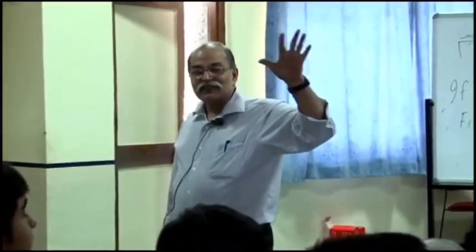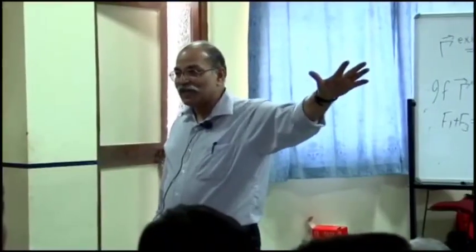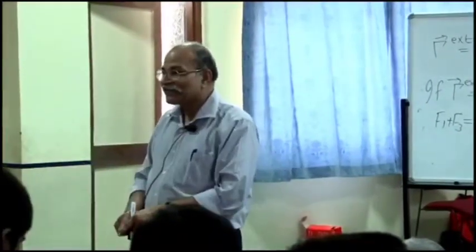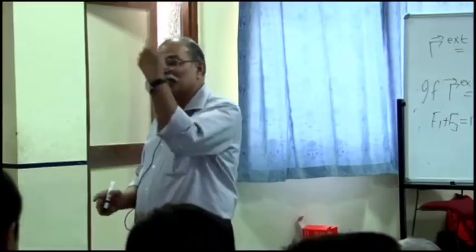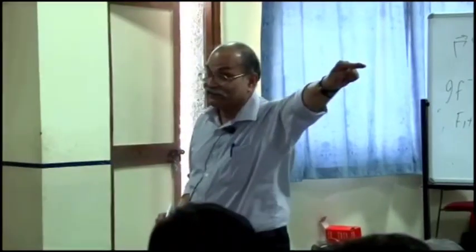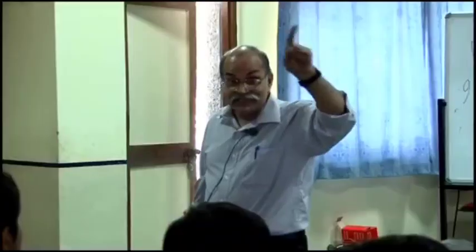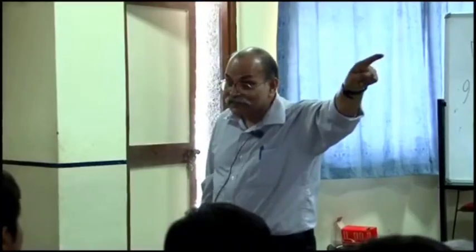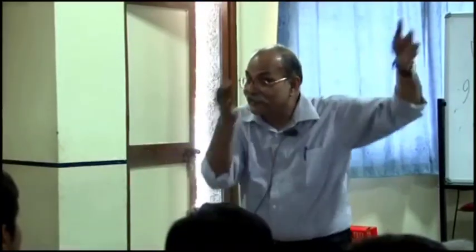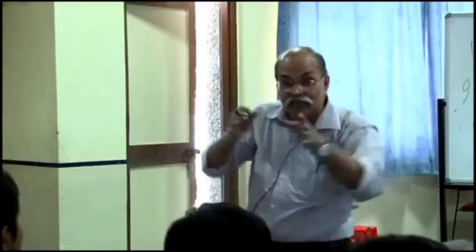So this is true for all directions. Now if this total force in x direction is not 0, the center of mass should start accelerating in x direction. Your door will come out of the hinge.